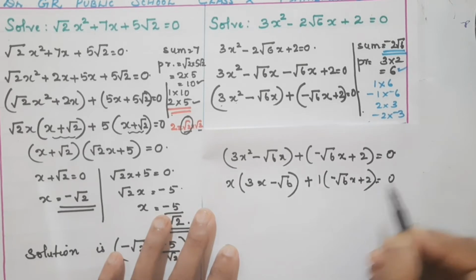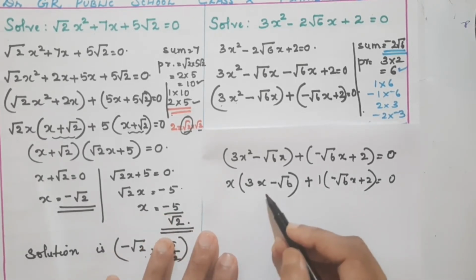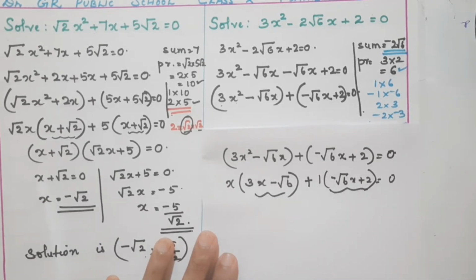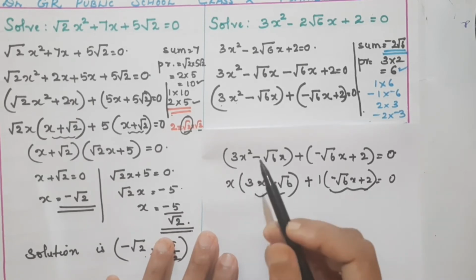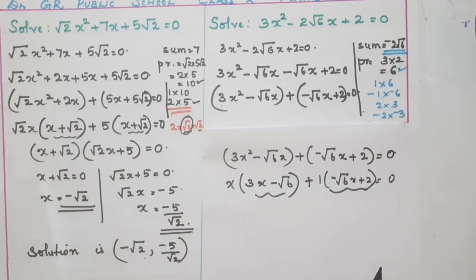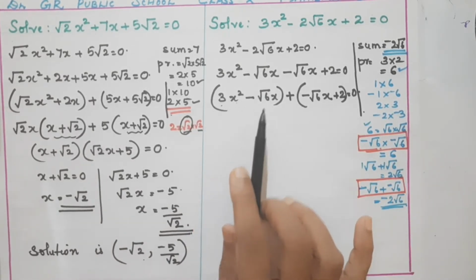Equal to 0. It will come like that. But when we check for the next step, we are not getting any common factor, isn't it? So we can't take like that. So we have to think about more factorization or more factors of this 3 and root 6.